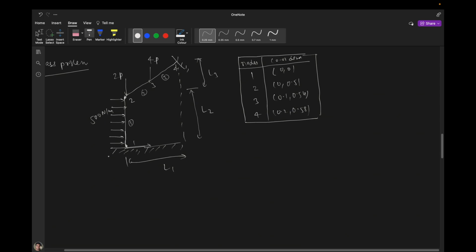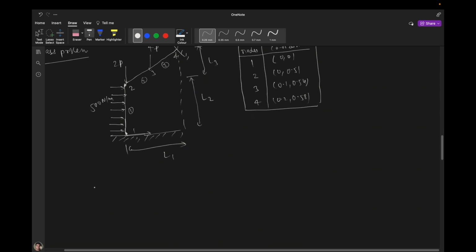If we talk about this frame, we can see that this frame not only has the transverse load, but also has the axial load.